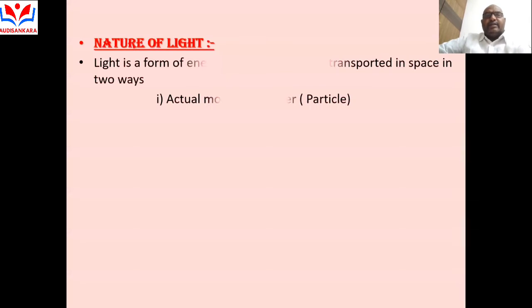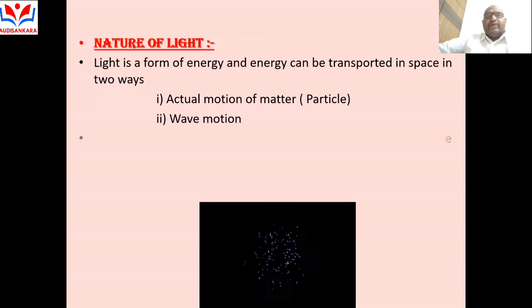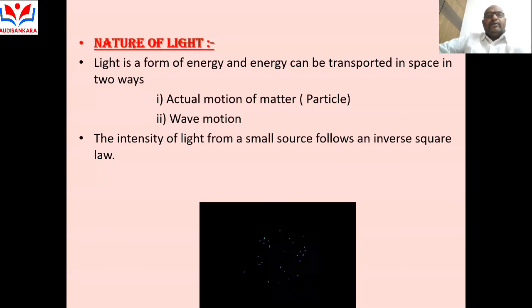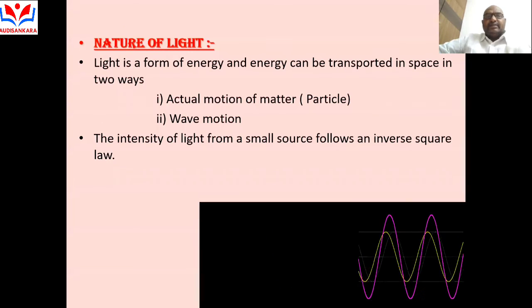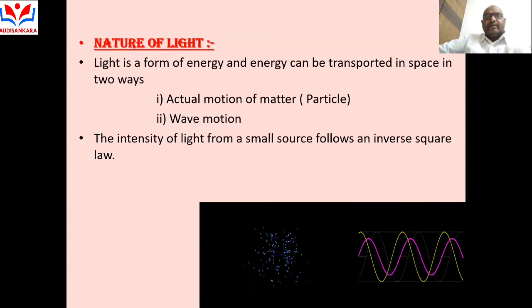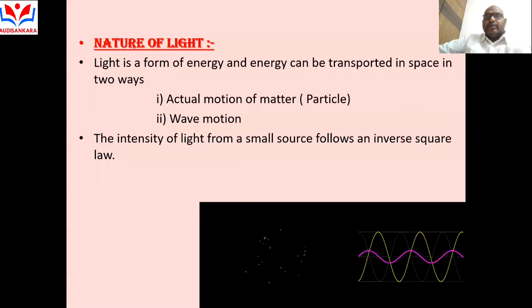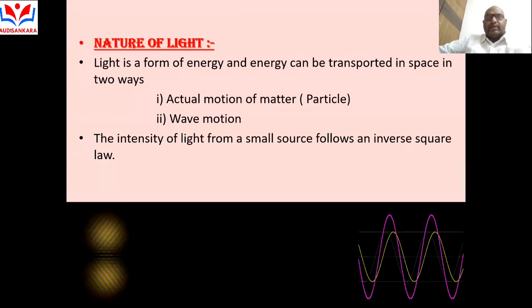So the nature of light is a dual nature. One is particle nature, another is wave nature. Light is a form of energy, and energy can be transported in space in two ways: particle nature and wave nature. The light from a small source follows the inverse square law.